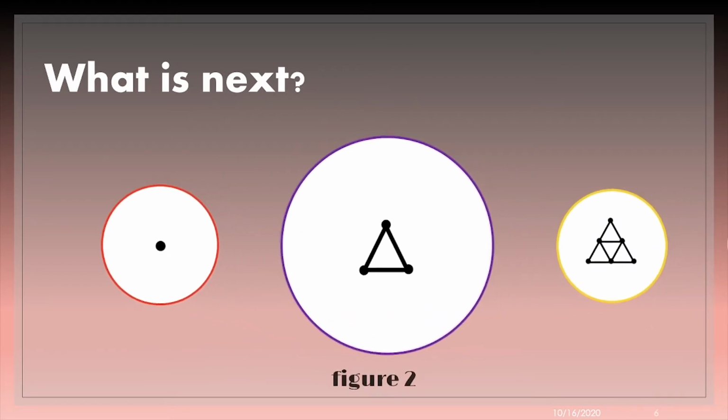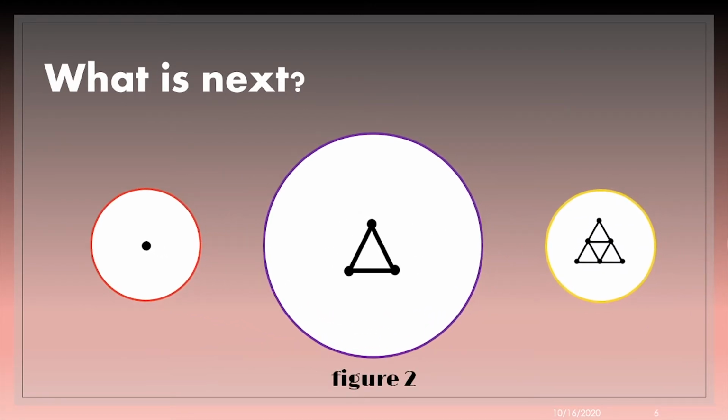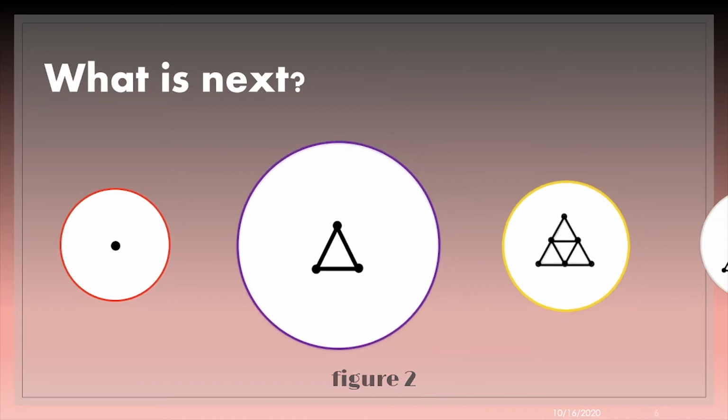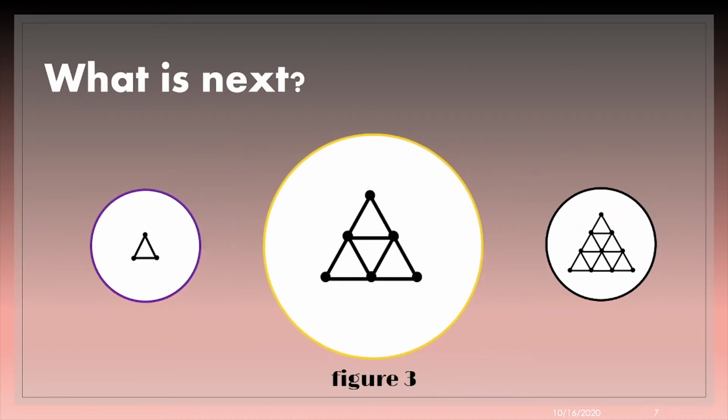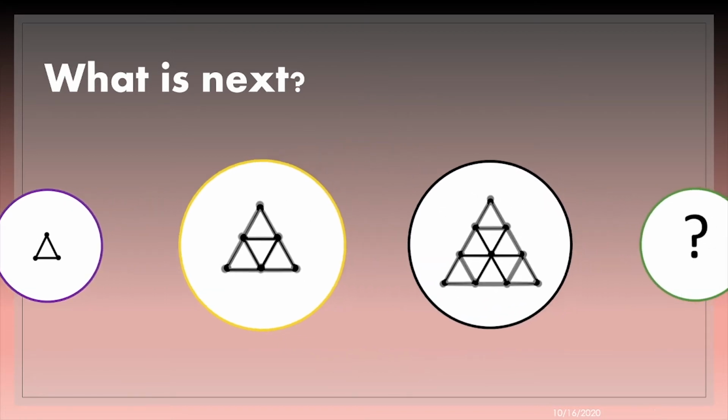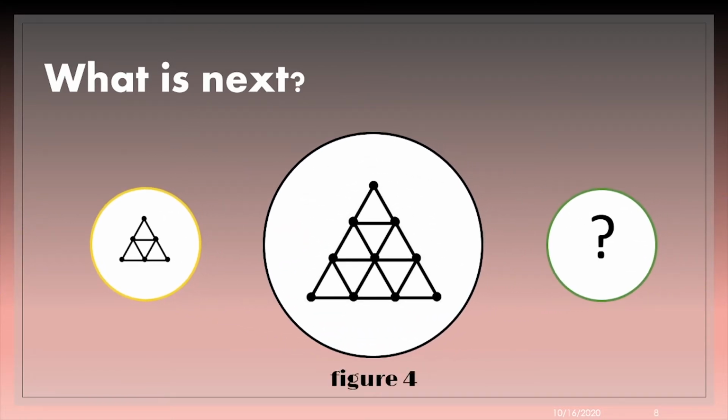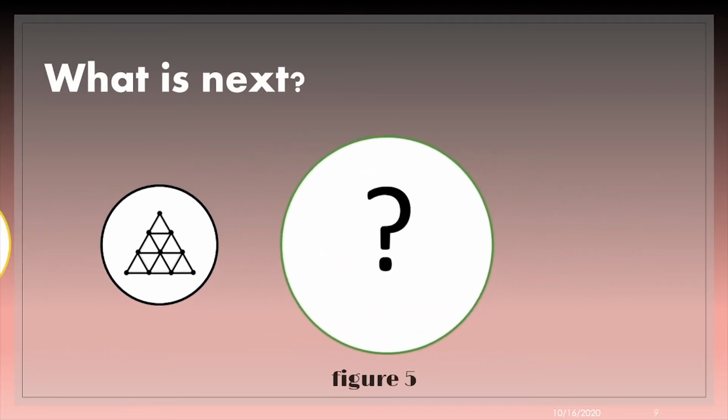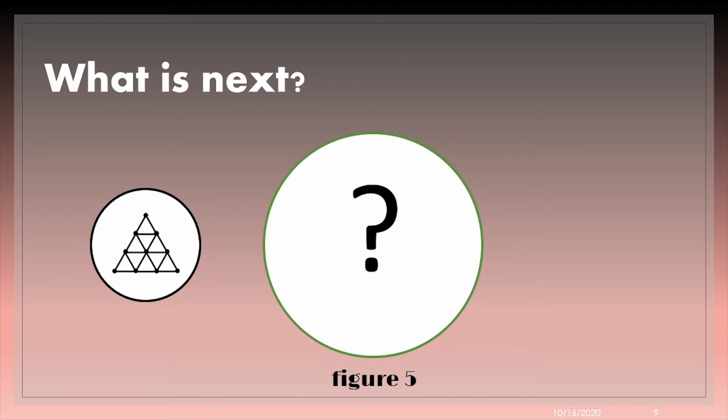Figure number 2, it becomes a triangle. Figure number 3, naging 4 yung triangle natin. Figure number 4, we have 9 triangles. What will be the fifth figure? So, bigyan ko kayo ng time para masagutan nyo to.